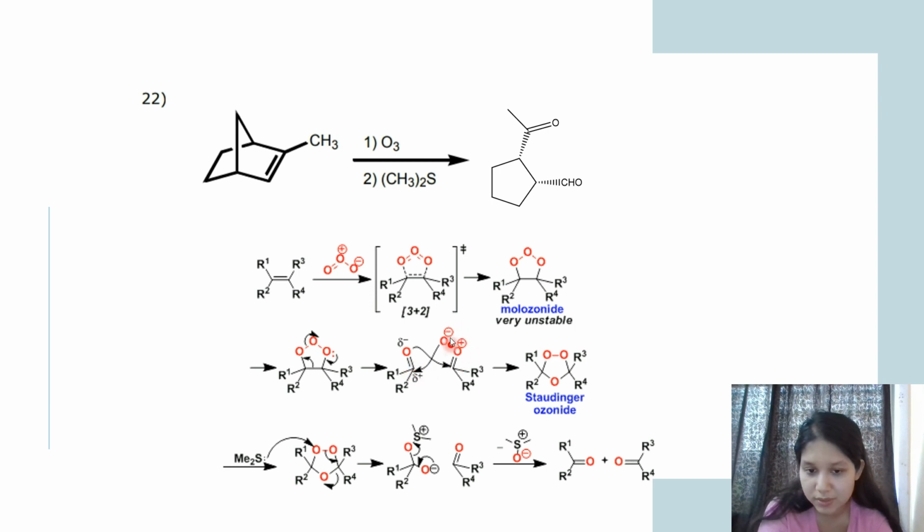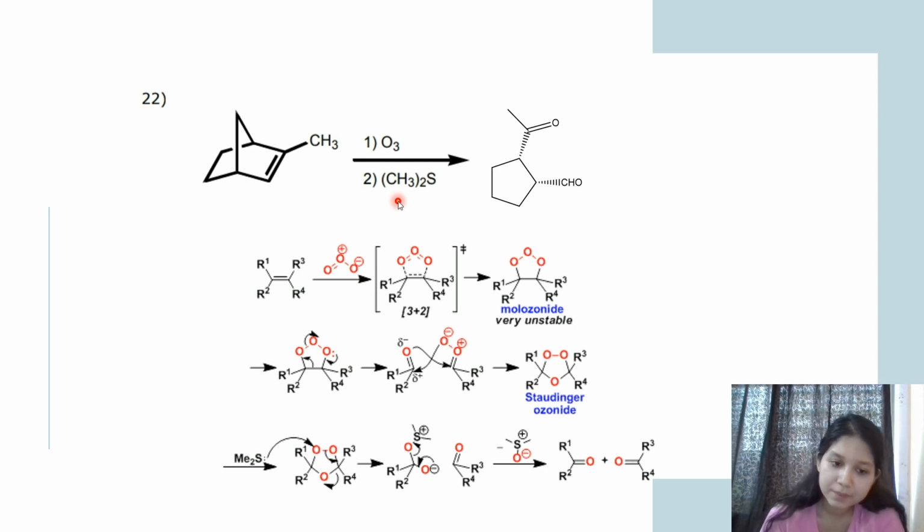So this oxide's extra electron pair will be donated here, and the negative charge that comes here will attack back at this center. So they react with each other, leading to the formation of the more stable Staudinger ozonide, which is comparatively more stable than molozonide. Now the Staudinger ozonide will be opened up by dimethyl sulfide in the second step.